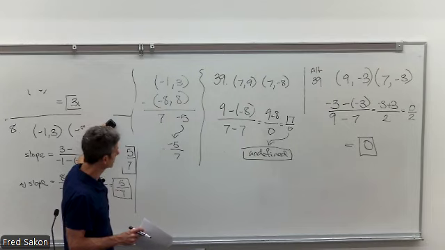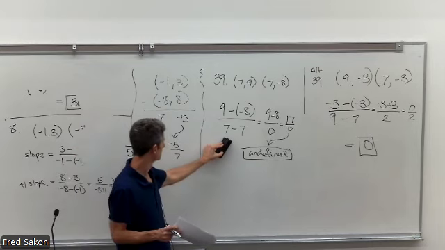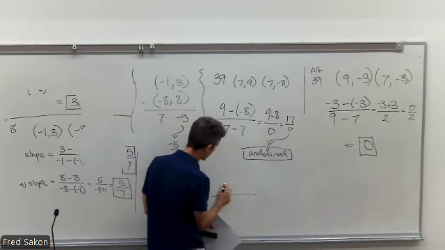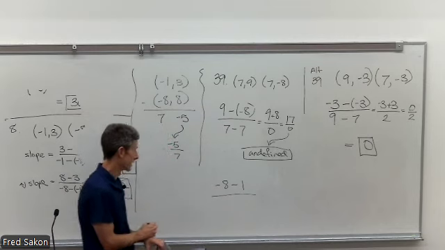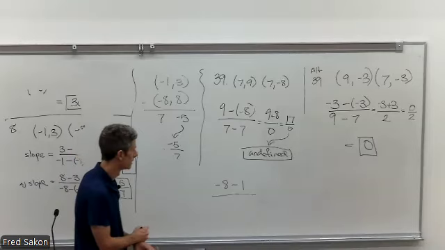If it's just subtraction, like here, or let's say you're setting it up and it turns out to be -8 minus 1. You got to think about that a little bit differently. It's -9, right?